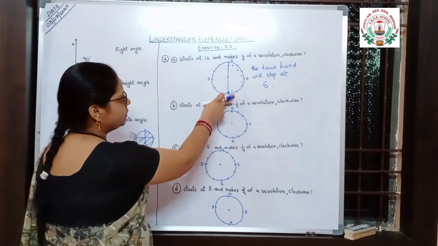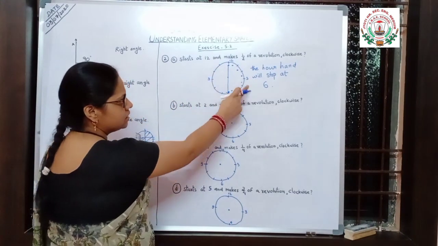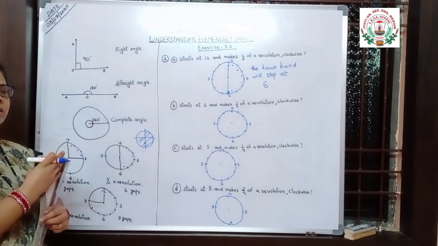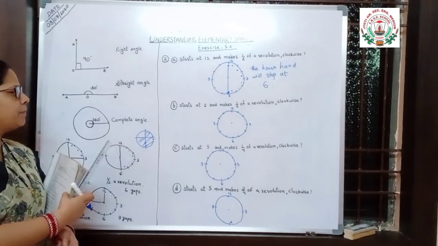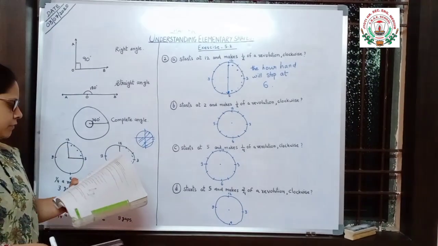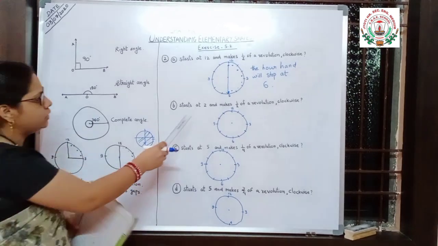So after covering 6 gaps, it stops at 6. Now the second part: where will this end stop if it starts at 2?